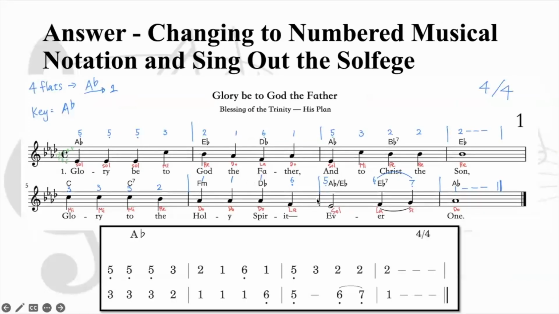And if we want to present one hymn in only the number musical notation, it will be like this. Take this hymn for example. This hymn is hymn number 1, right? So it will be like this part: mi re do la do, so mi re re re.